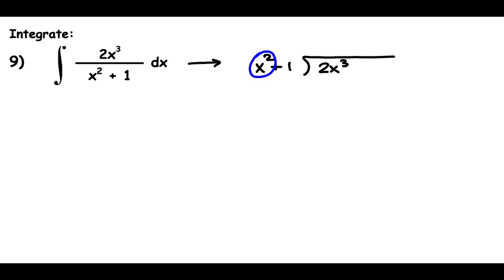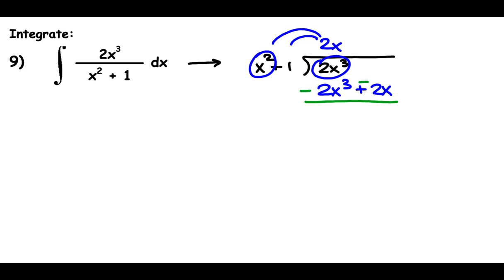All right, here it goes. X squared times what is 2x to the 3rd? And hopefully you're thinking 2x. That would be correct. Okay, multiply. That'll be 2x to the 3rd. That better match. Plus 2x. Until we draw the line and change the signs, both of them.